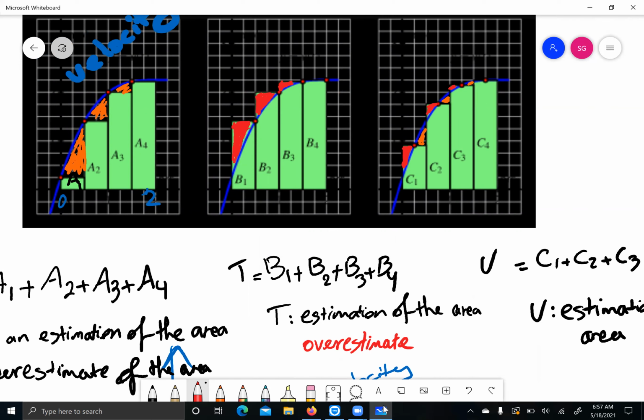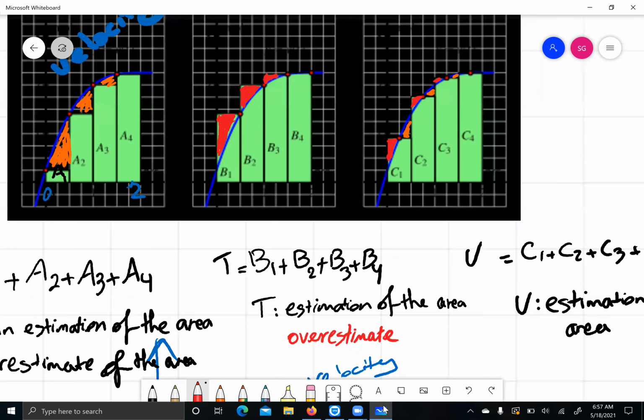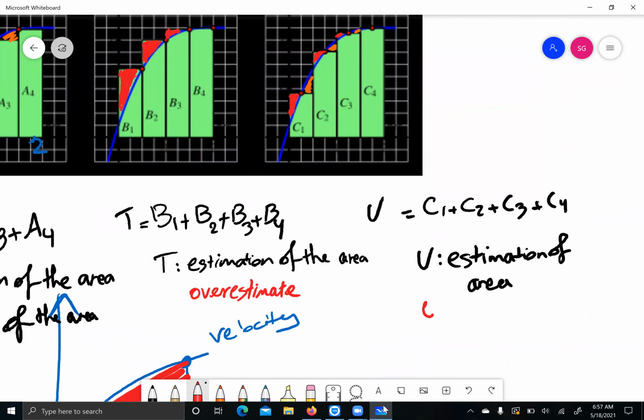We draw the graph in a way that each rectangle has a balance of overestimation and underestimation. And in this way, the total, U, becomes a better estimation of the area. The value becomes closer to the exact value.